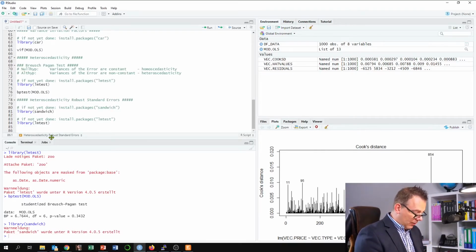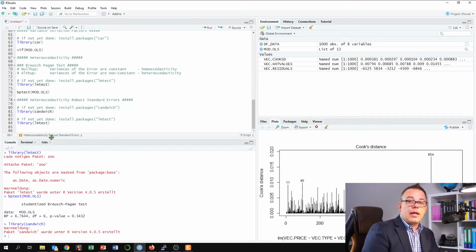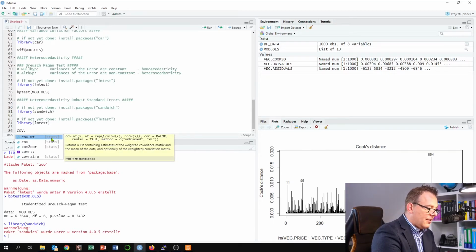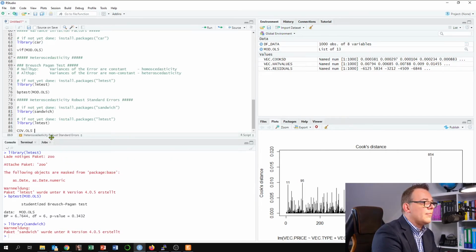The first thing that we are going to do now is to calculate a new robust covariance matrix. So a covariance matrix, let's put it like this, covariance of our OLS model. So this is just a data structure I'm going to save it in. It's a matrix.